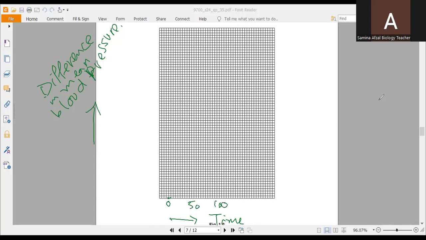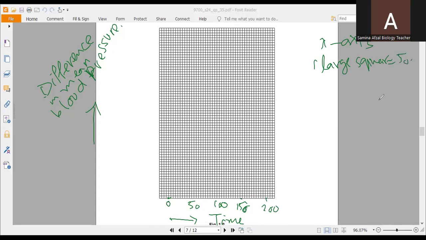One large square will be equal to 50 on the x-axis. Then 150 and 200. One large square, which has 10 small squares, will be equal to 50.